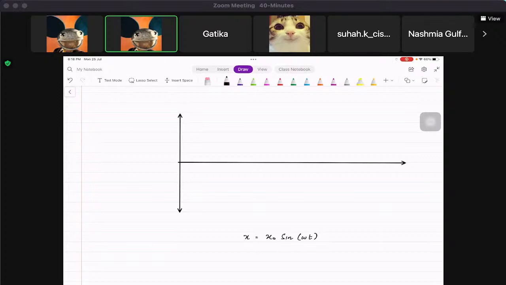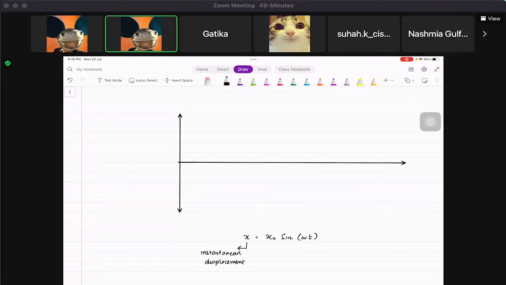So this is basically the instantaneous displacement.